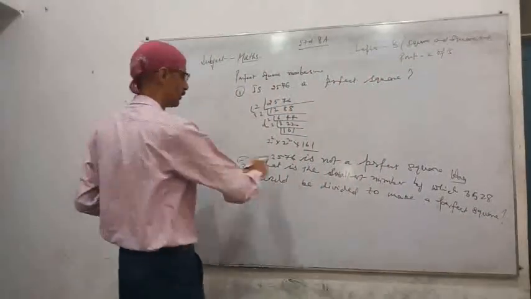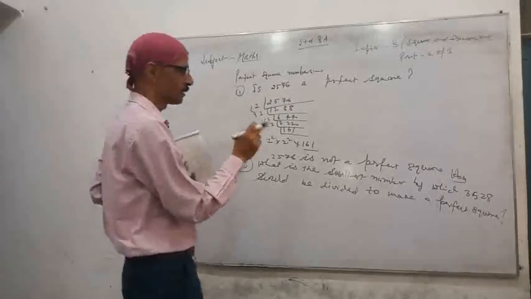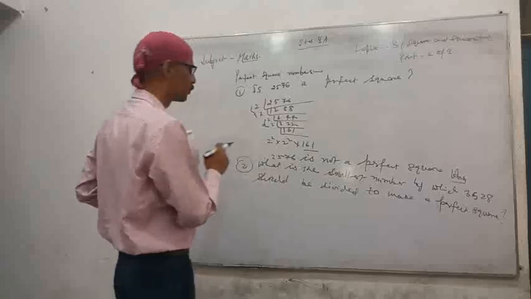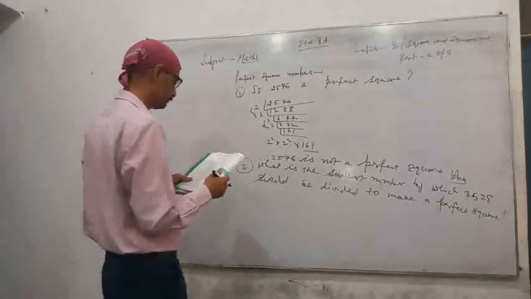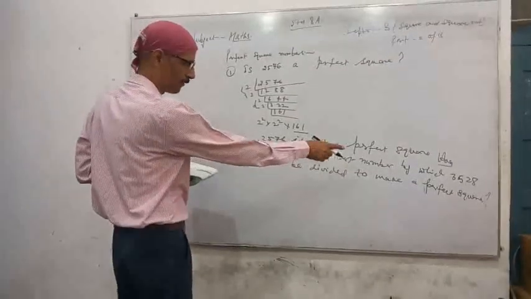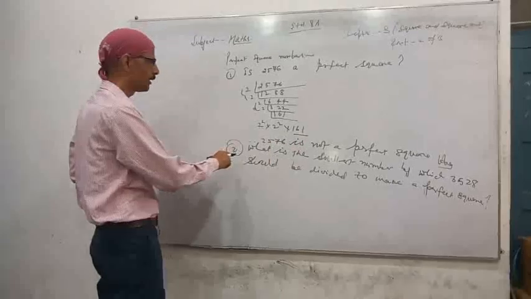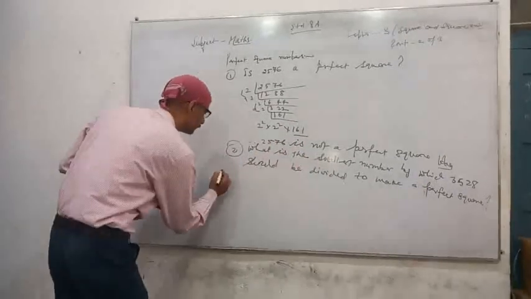So question is, what is the smallest number by which 3528 should be divided to make a perfect square? See the solution of this question.